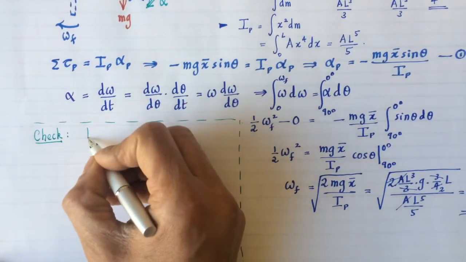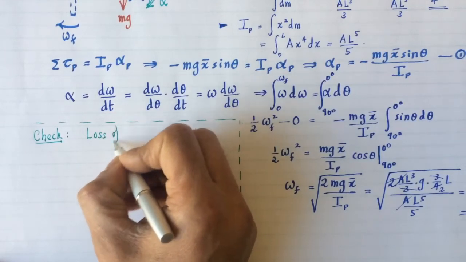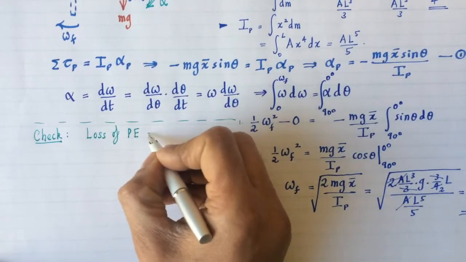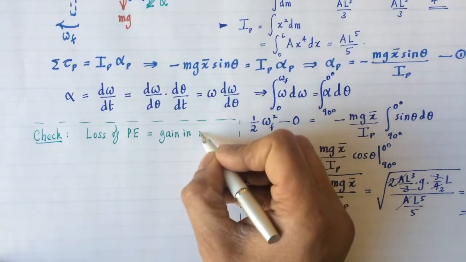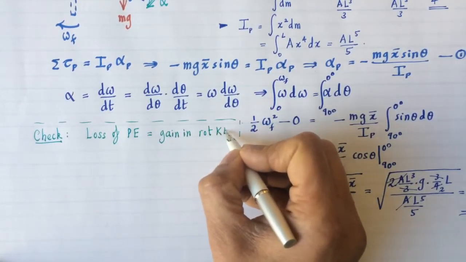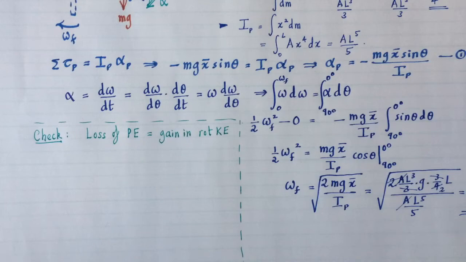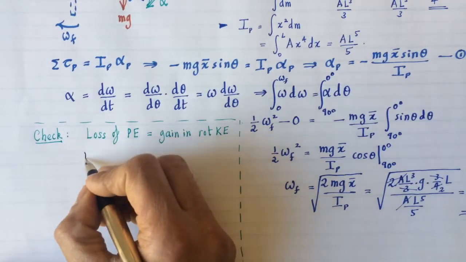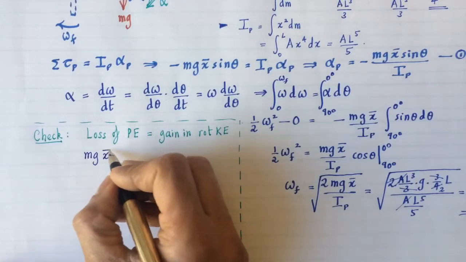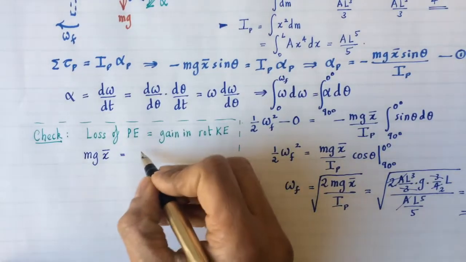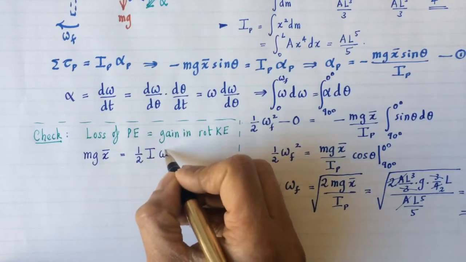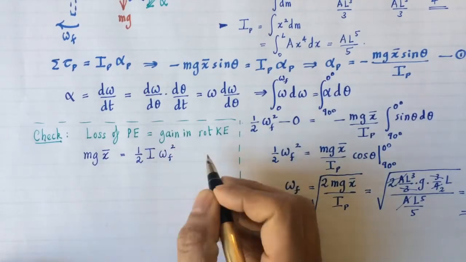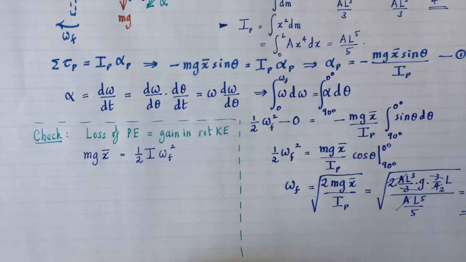And the check would be loss of potential energy is equal to gain in rotational kinetic energy. So the loss of potential energy is mg x bar, and the gain in rotational kinetic energy is 1/2 I omega f squared, because initially there was no rotational kinetic energy.